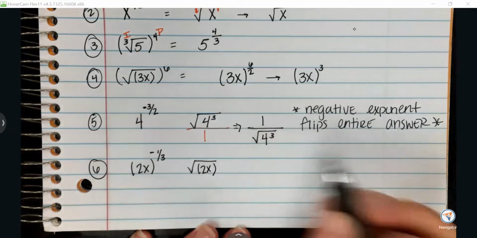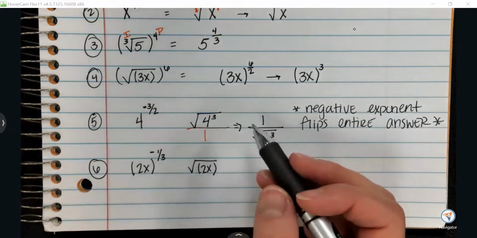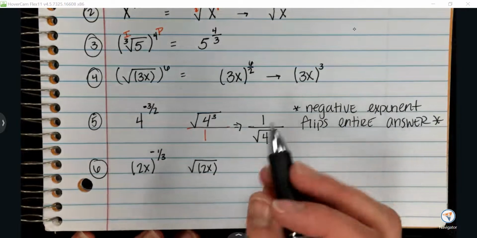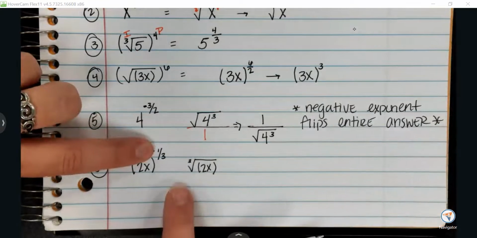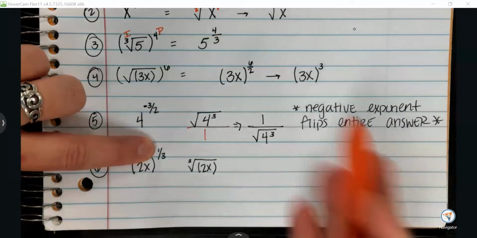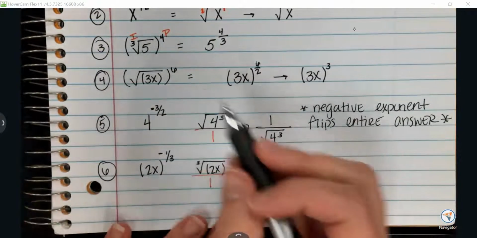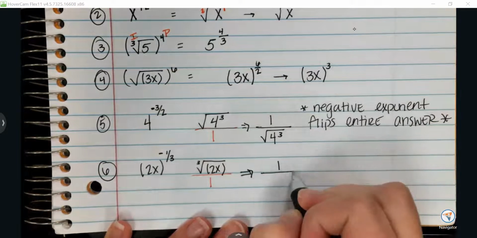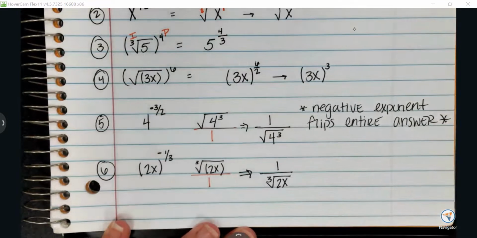I like to put it in parentheses. What's my power? 1. Do I write it? No. What's my index? 3. Do I write it? Yes. But that's the positive. So over 1. Now, what happens since it's negative? What's it really going to say? 1 over the cube root of 2x.